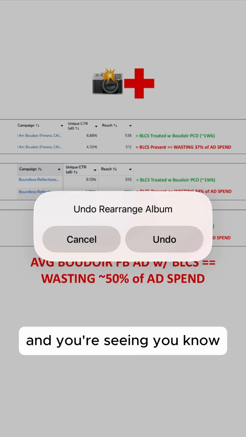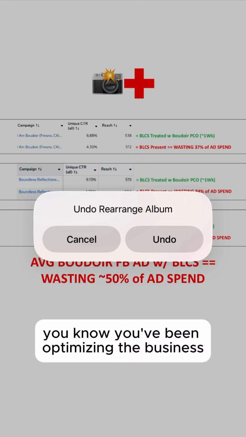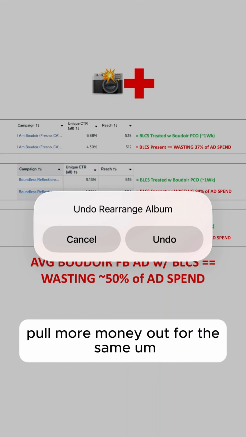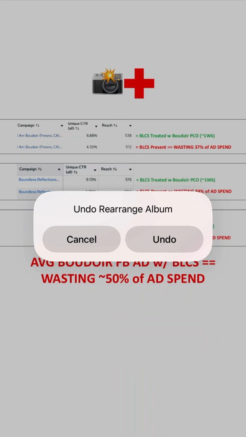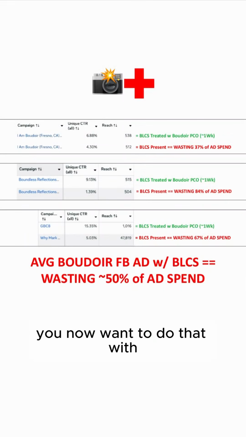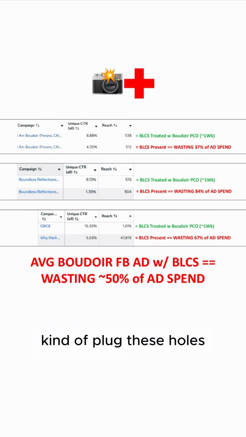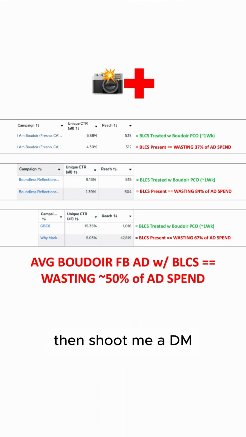And you're seeing inflation and cost of living. So you've been optimizing the business, pulling more money out, optimizing other places, pulling more money out for the same input, same effort. And you decide you now want to do that with the Facebook ads part of your business, plug these holes, become more efficient, and put this money back in your pockets.